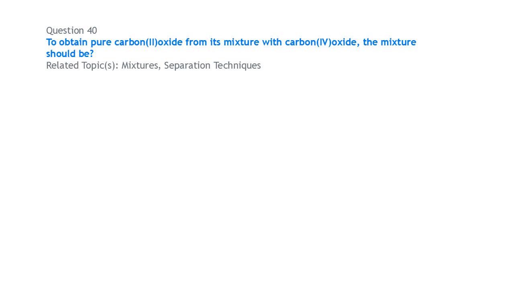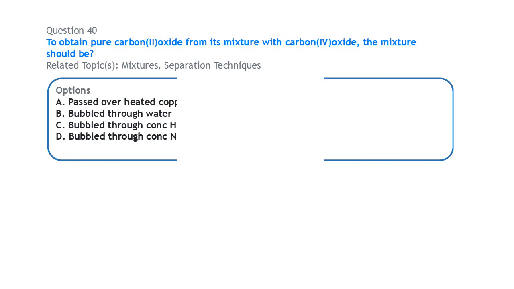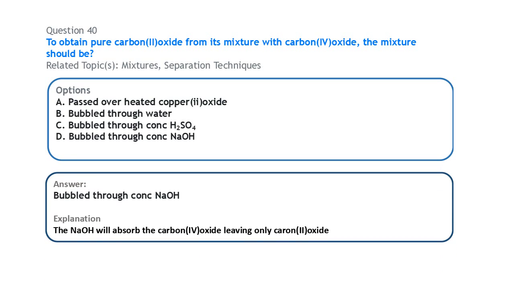Alright, the last question here: to obtain pure carbon(II) oxide, carbon monoxide, from its mixture with carbon(IV) oxide, the mixture should be passed through concentrated sodium hydroxide. It should be bubbled through concentrated sodium hydroxide. So what will happen is the sodium hydroxide would absorb the carbon(IV) oxide in that mixture of carbon(IV) oxide and carbon monoxide.